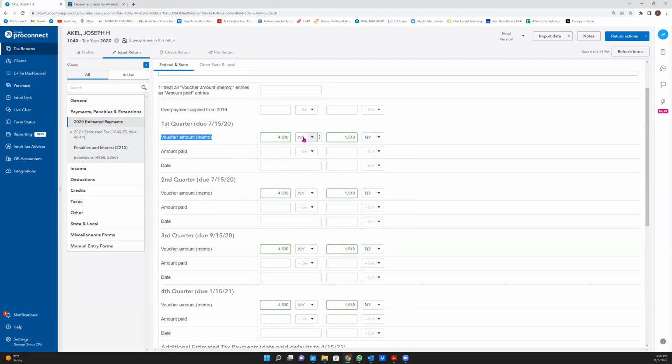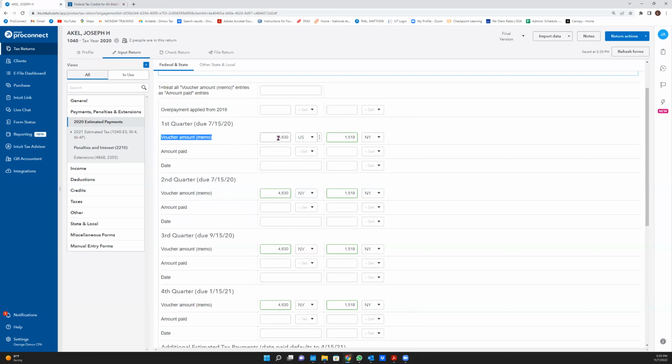Right away, we can see that this is not correct, okay? If you say New York on here, well, it's not going to apply to federal. Just because it's a memo, it doesn't mean that it actually happened, okay?